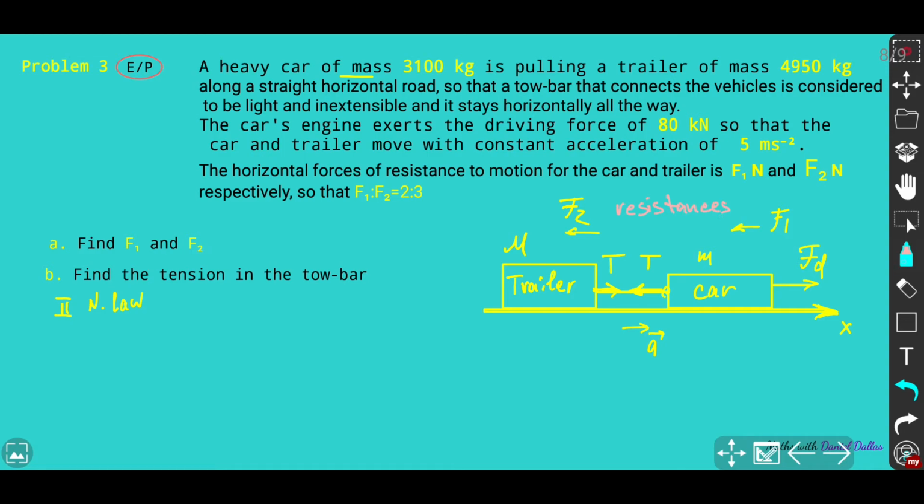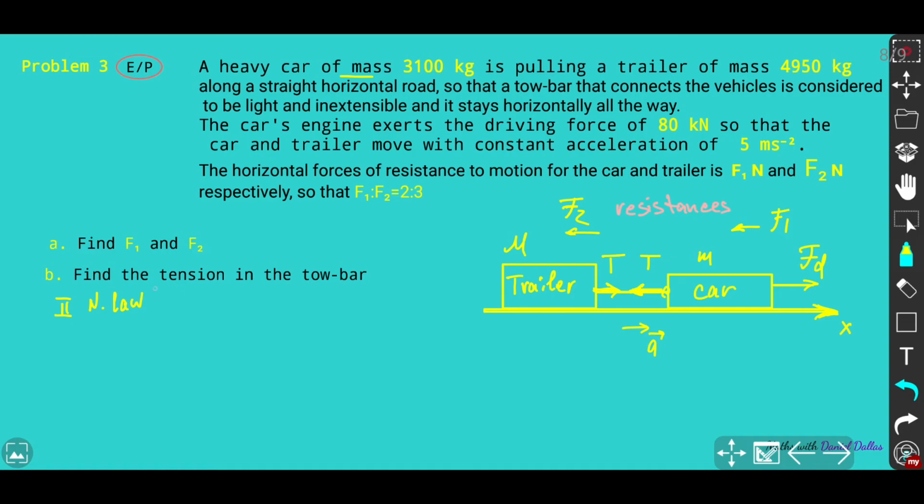All right, so I can actually consider the whole object as a single one, but for those who are not sure why you can do that, I will write the two equations separately, for the car and for the trailer. Why? Because in the next question we need to find the tension, so it would be valuable anyway.